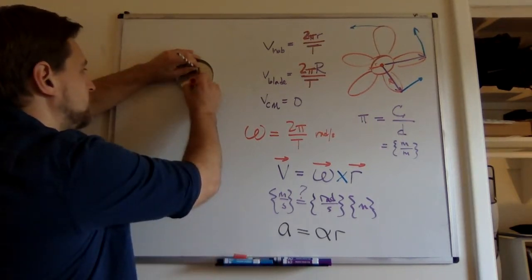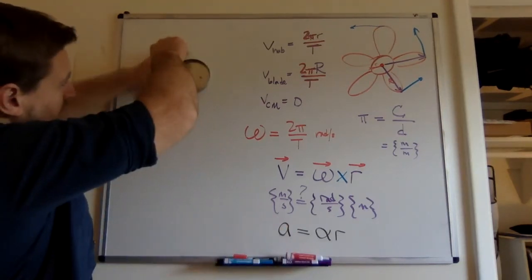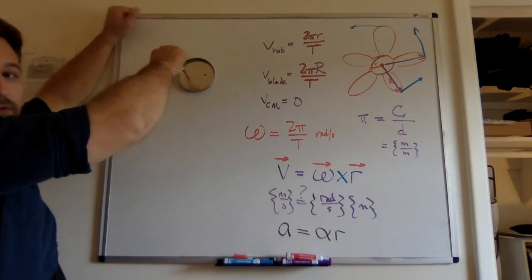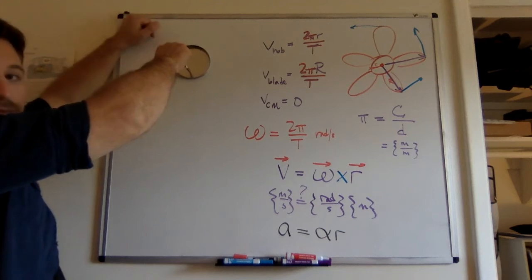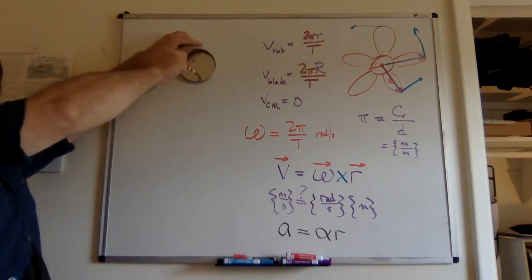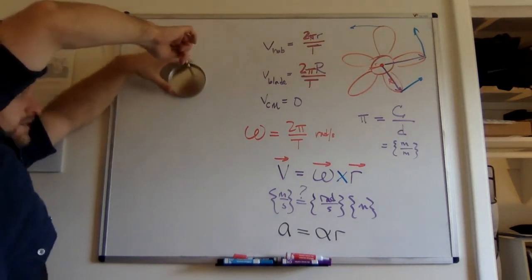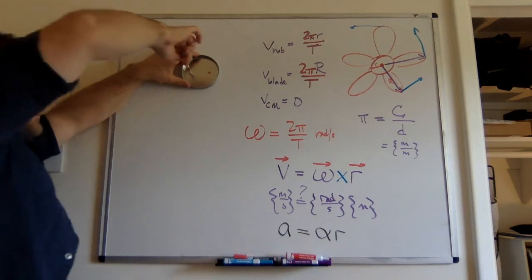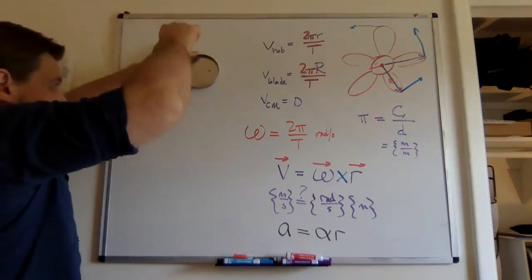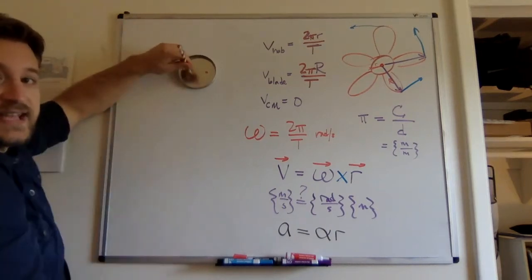If we talk about this point here, we can rotate that point from 0 radians to pi over 2 radians to pi radians around to 2 pi radians, measured relative to an axis through a coordinate system set up with an origin at this axis.